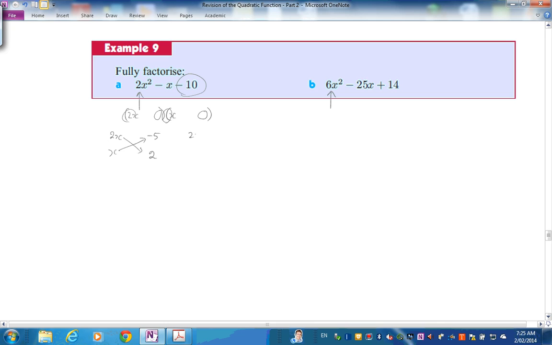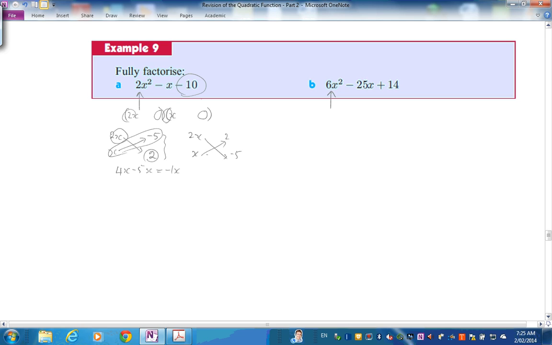Okay, or you could have 2 and -5. But we've got to do all combinations. So here, -5 times 2 is -10, but we could have 2x by 2 is 4x. Take 5x. Oh, that works straight up. That's unfortunate.